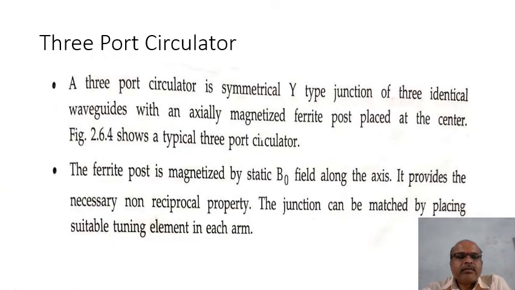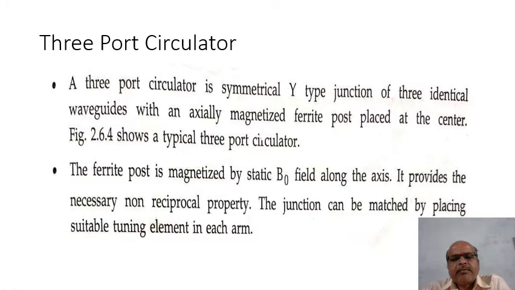Then next is a 3-port circulator. A 3-port circulator is a symmetrical Y-type junction of 3 identical waveguides with an axially magnetized ferrite post placed at the center. The next slide shows the 3-port circulator. The ferrite post is magnetized by a static magnetic field along the axis. It provides the necessary non-reciprocal property.